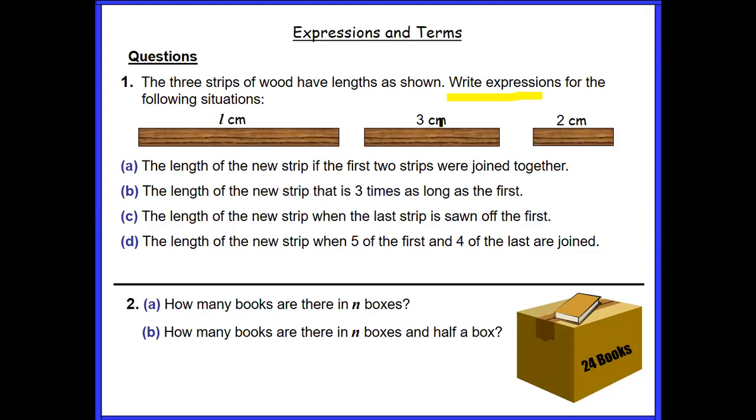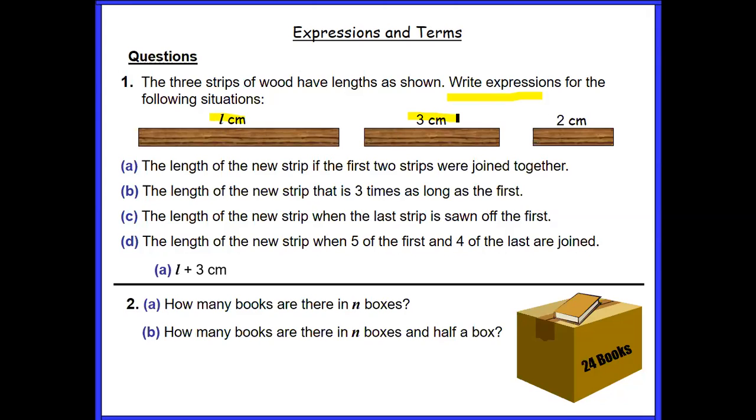This strip of wood is 3 centimeters, and this strip is 2 centimeters. The first situation is the length of a new strip if the first 2 strips were joined together. This strip and this strip combined, we would write algebraically as L plus 3.